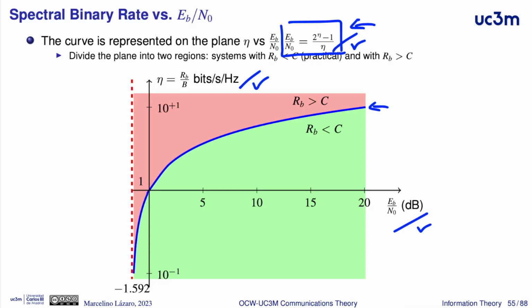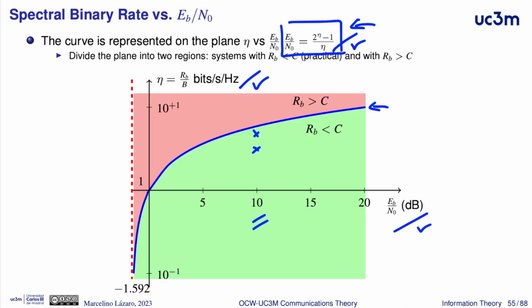Therefore, this plot can be used to compare systems, because, for instance, if we have a value of 10 decibels for the mean energy per bit divided by N0, and we have for a system that the spectral efficiency is here, another system working in the same EB divided by N0 being closer to the limit is a more efficient system.